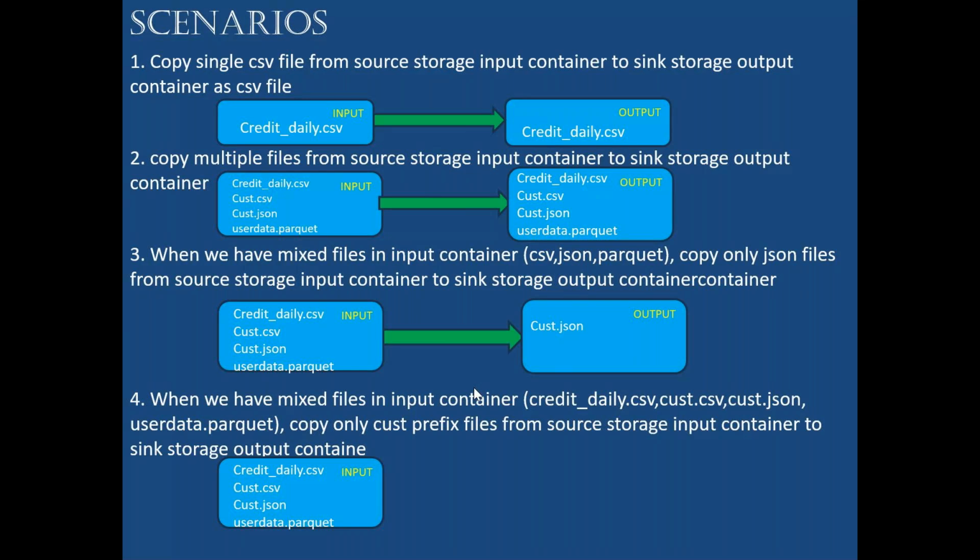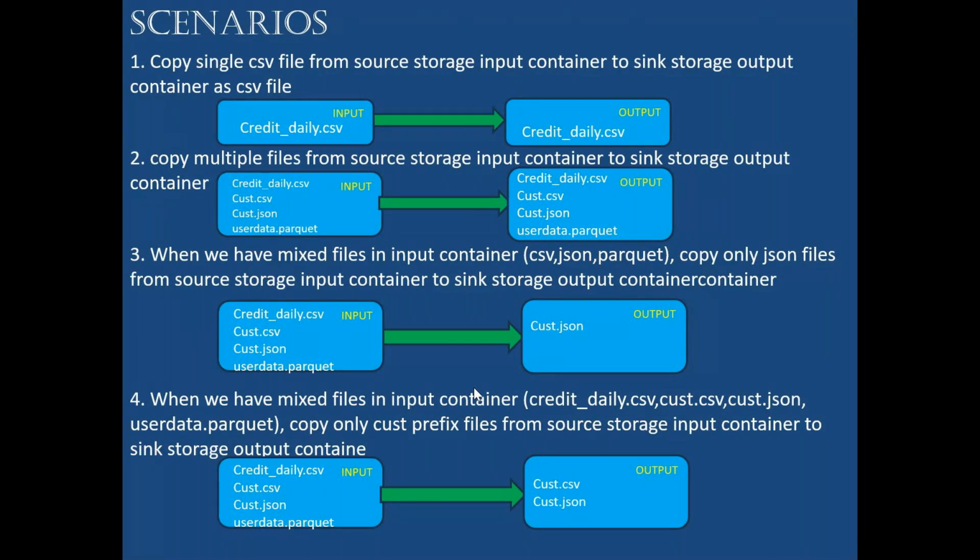Now what I want, I don't care about the extension. I only care about customer files. So if the file name starts with cust, I'll copy all such files. Now you see cust, but the extension is different. Cust.csv, cust.json. But I am copying all the files which have cust as a prefix.